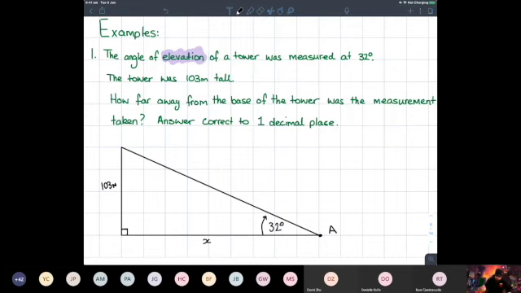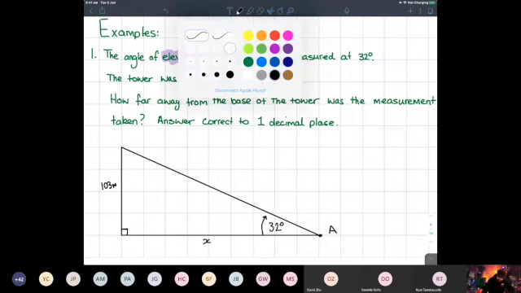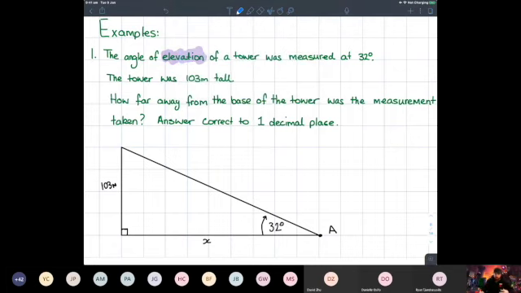All right, so if we have a look at this one, I've got the opposite and the adjacent side, so that's going to be tan. So I'm going to have tan of 32 degrees is equal to 103, opposite over adjacent. I'm going to slide this over to give myself some more room. X is going to equal 103 on tan of 32.